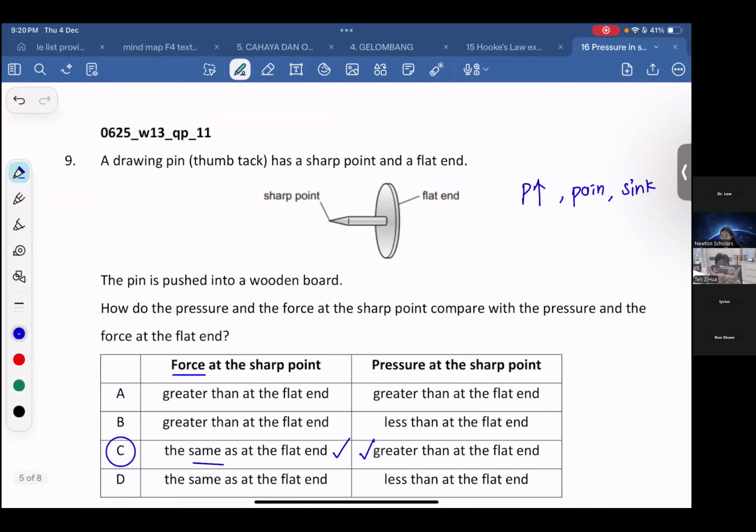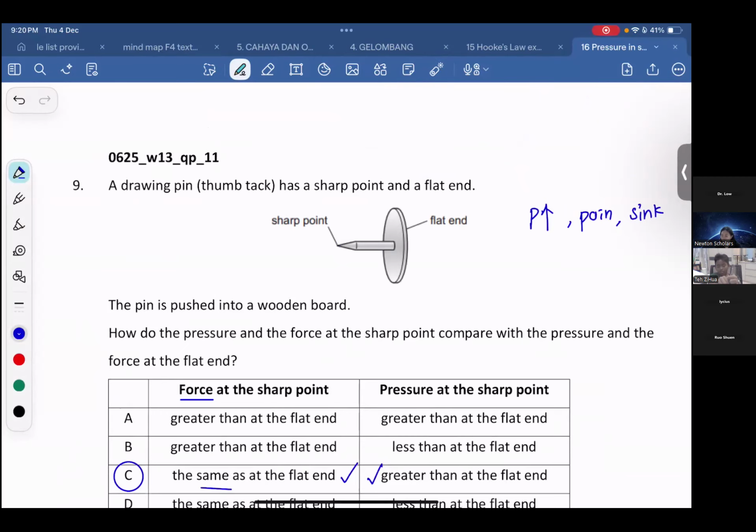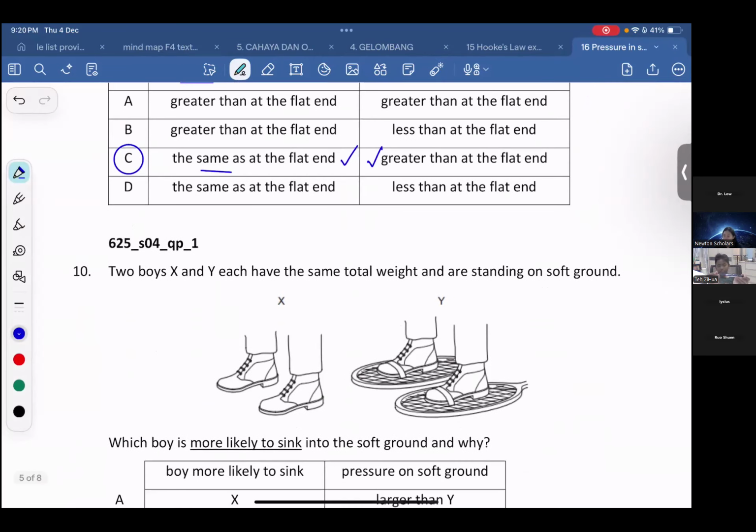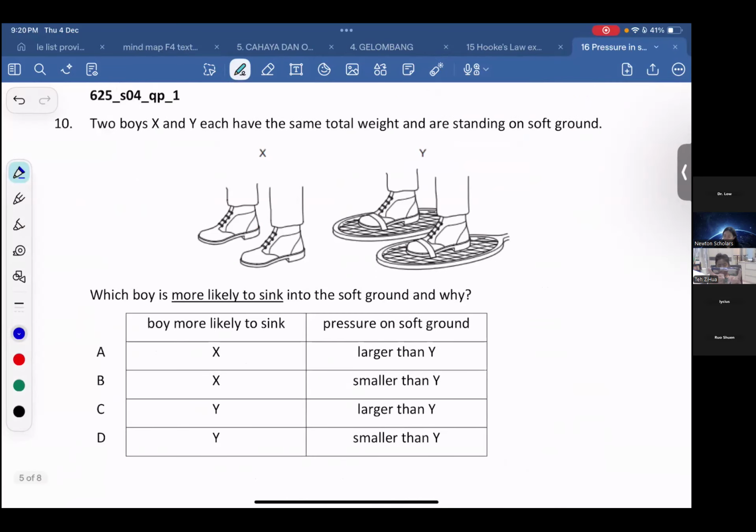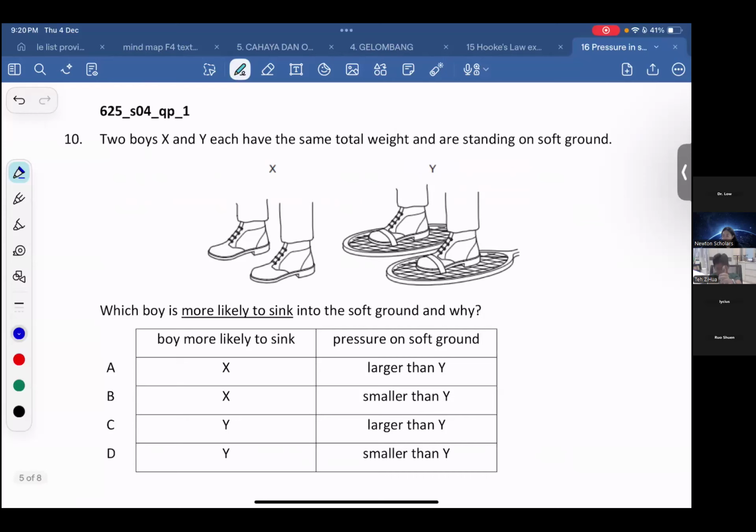Okay, we go to question 10. More likely to sink. Just now I told you, if you found the keyword of sink, what does it mean? Okay, so for X and Y, which one will be more likely to sink?